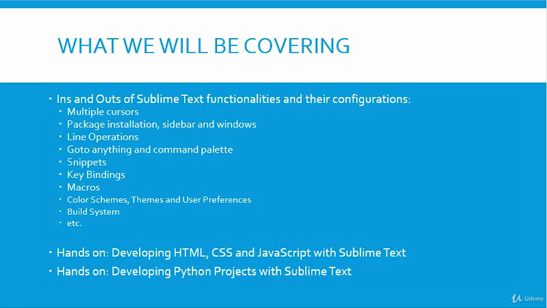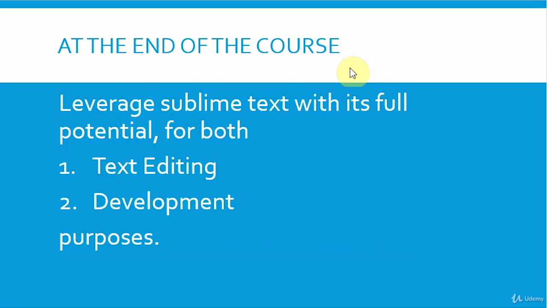With this, we will get to know why Sublime Text is used and recommended by many developers for development purposes. At the end of the course, you will be able to leverage Sublime Text with its full potential for text editing and development purposes.